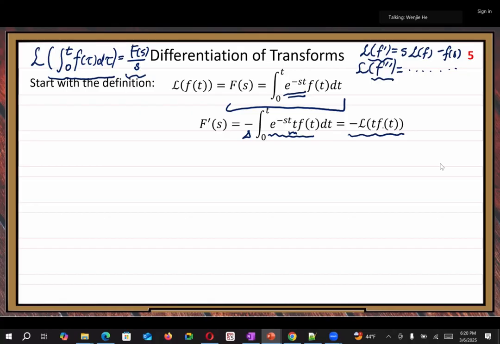Here you can see the derivative operation you applied on the F function is the same as applying the Laplace transform, but you need to multiply a t to the original little f function, and you need a negative sign. That's a new formula.